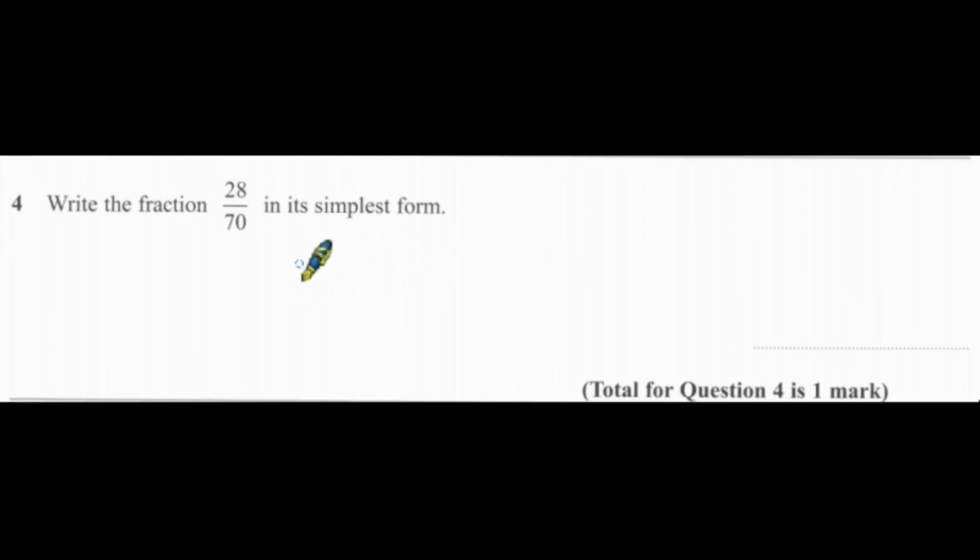In question 4 we are simplifying fractions. We are asked to write 28 over 70 in its simplest form. So we're going to start with 28 over 70. We simply need to find a number, any number will do, which will divide exactly into 28 and 70. In this case the number 7 divides, so 28 divided by 7 is 4, and 70 divided by 7 is 10.